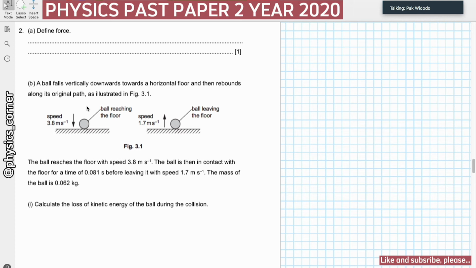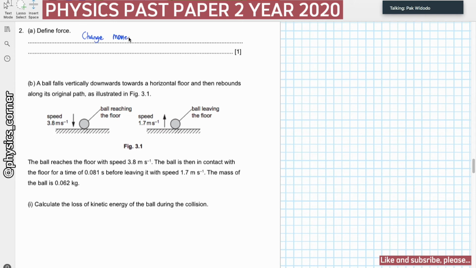Force is, this is not in Newton's second law form, but this is about momentum. Force is change of momentum per time.